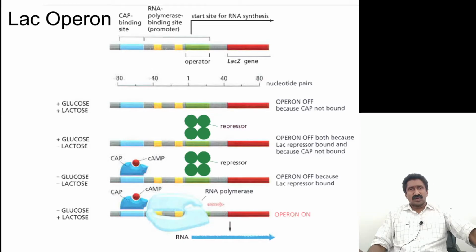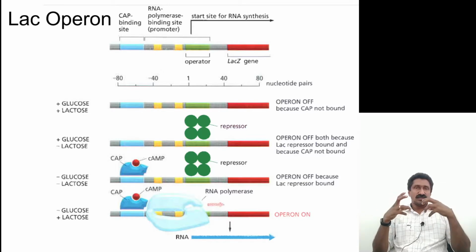Now we will have different conditions like glucose present or absent, or lactose present or absent, and in response to that the operon will be turned on or off. Only at a very specific condition, like glucose absent and lactose present, the RNA will be produced, or the operon is expressed only at that specific condition.